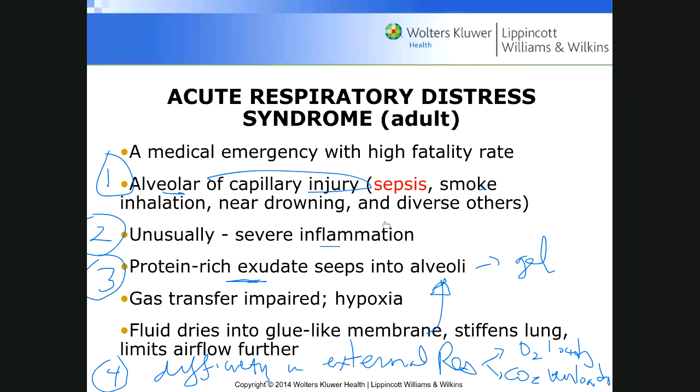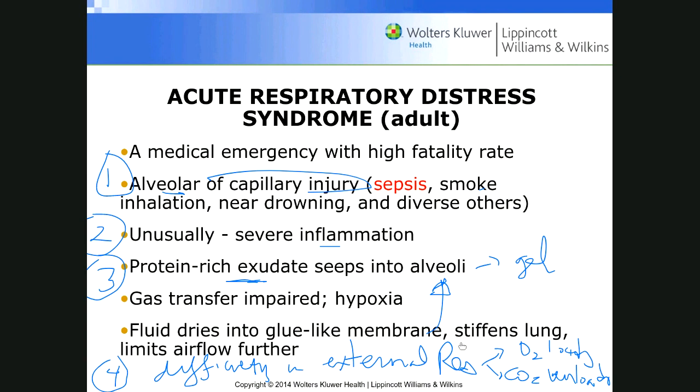An inflammatory response occurs, and there's a lot of protein-rich exudate that forms this gel-like structure, and then it exacerbates the situation. Now they cannot breathe. They cannot oxygenate the blood. And so then you have to put the person on a ventilator, which actually helps them oxygenate their blood.